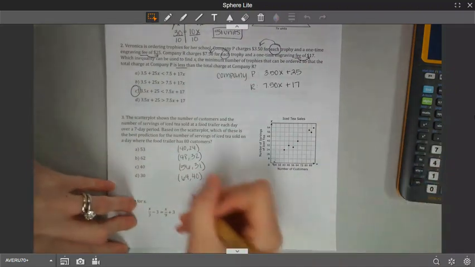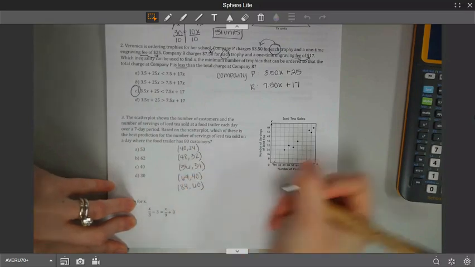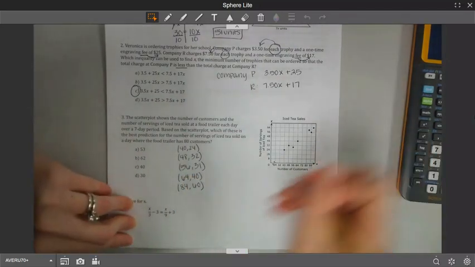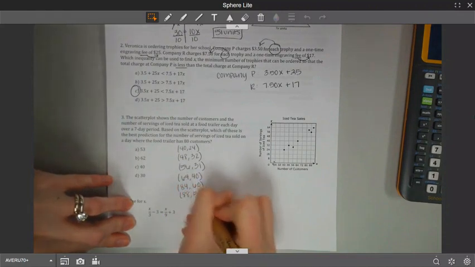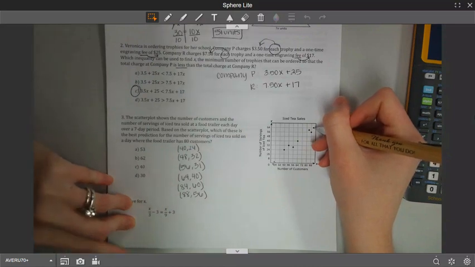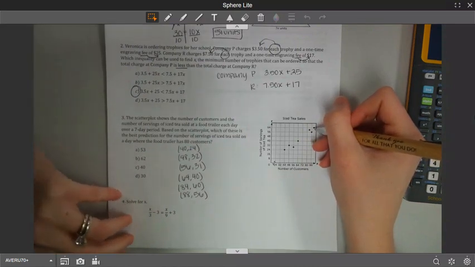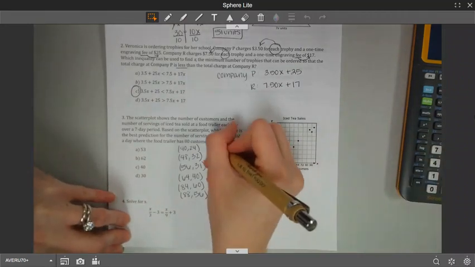And between 56 and 64, that would be 60. So 84, 60. And then we have at 88, 56. And then just past 88, we'll consider that it's going up by 8. We'll consider that 92, 64.